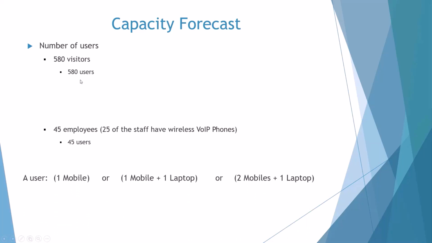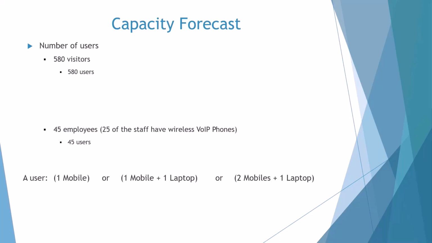The user could refer to one mobile device, or one mobile device plus one laptop, or two mobiles plus laptop, etc. So it could be a user owning one mobile or two mobile devices or three mobile devices, etc. Which option to select for our capacity forecast? The answer, it depends on the environment itself. I'll explain that in a minute.